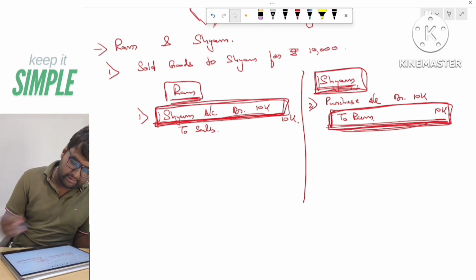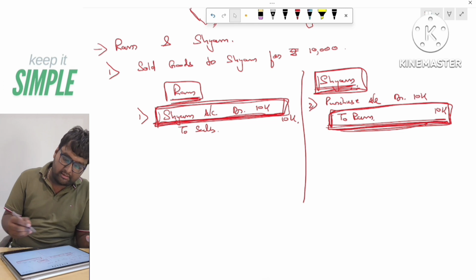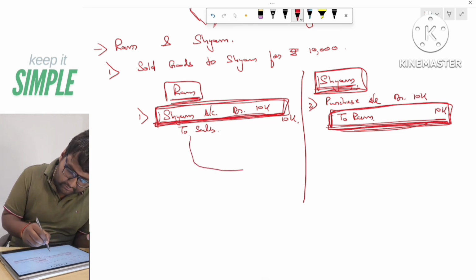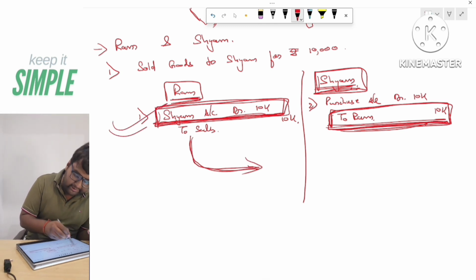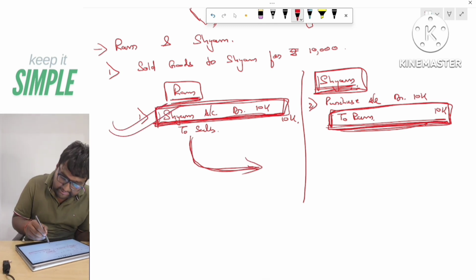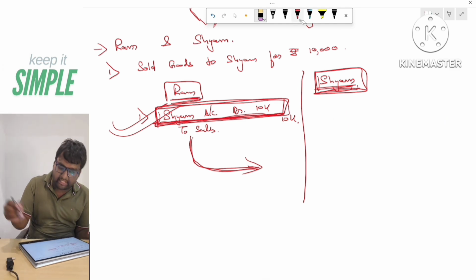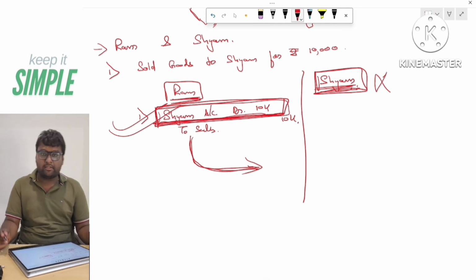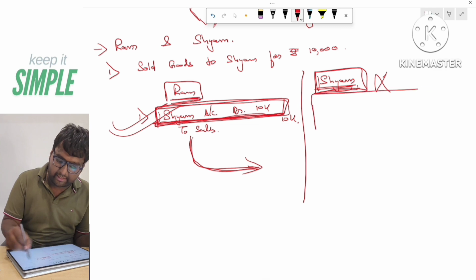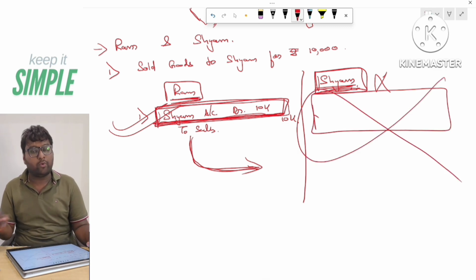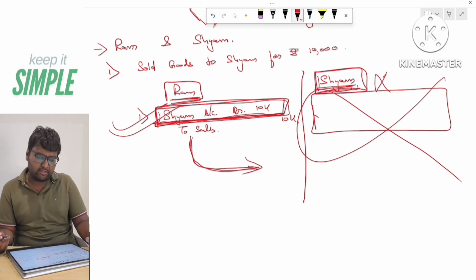Suppose in this particular case, Ram has sent the goods. Then Ram would pass this entry. But Shyam didn't receive the goods yet. And if Shyam didn't receive the goods yet, then will the entry be passed in the books of Shyam? No. No entry will be there in the books of Shyam.